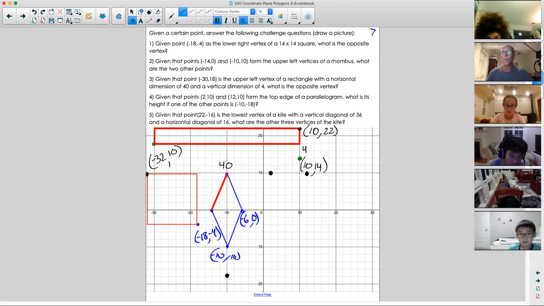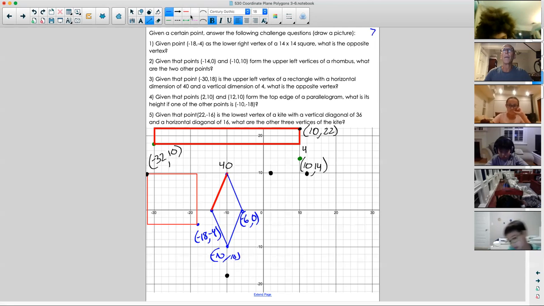Rafa, I agree 100%. And Rafa, could you give me the area of that parallelogram while the other guys are working? By the way, I am now going to draw my parallelogram.